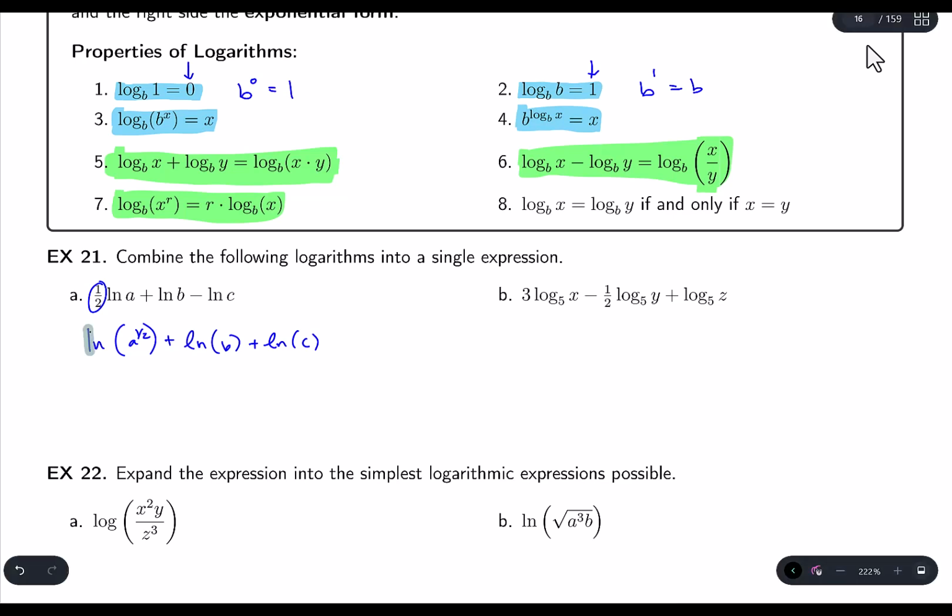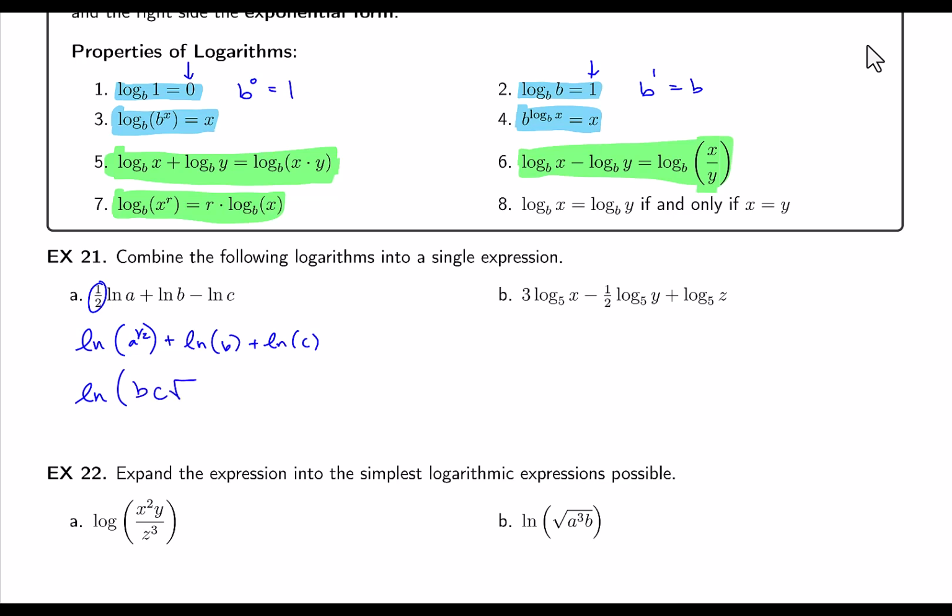I usually tend to use a cursive L for natural log in writing. Now, a to the 1/2 power is the same thing as the square root of a. So this can be combined into a single logarithm, but it's going to be b times c square root of a. Oh, sorry, my bad, those are subtracted. So that's going to change things.